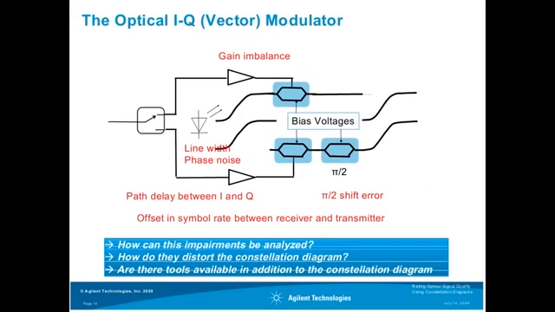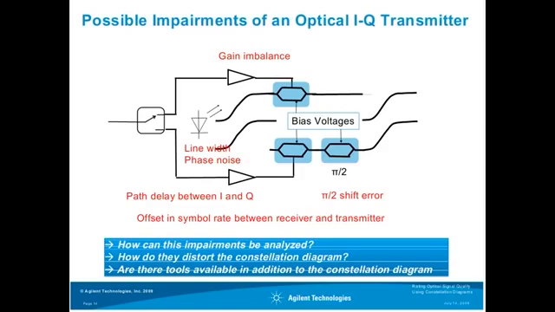So what are the possible impairments of an optical IQ transmitter? I will outline here only the most obvious ones. Of course, I make no claim that this is all that could happen in this kind of transmitter. As we have 2 paths here, the in-phase and the quadrature path, there could be a gain imbalance between these 2 amplifiers, for example. We could also have a path delay difference between the I and the Q channel.